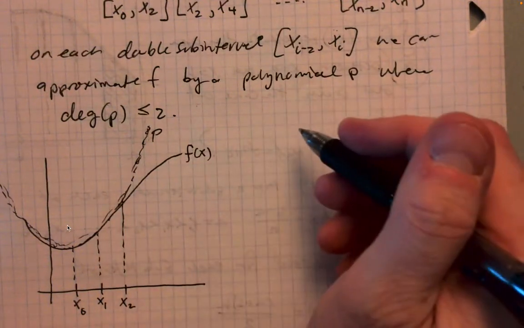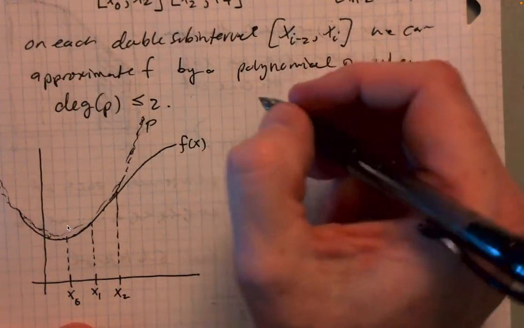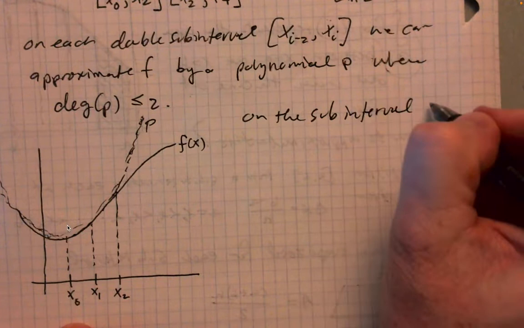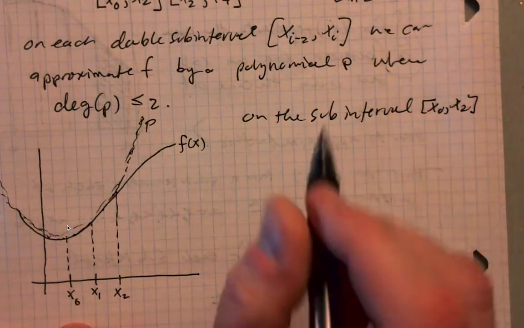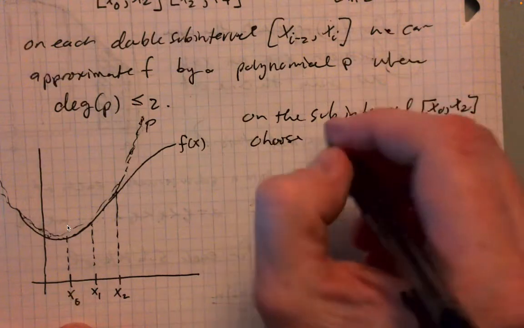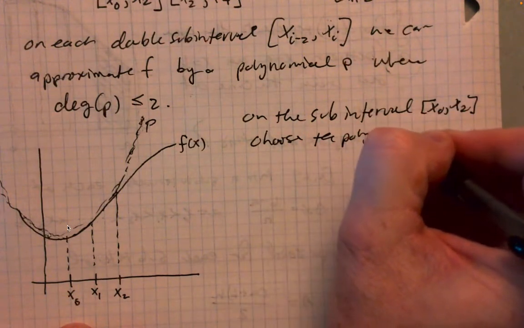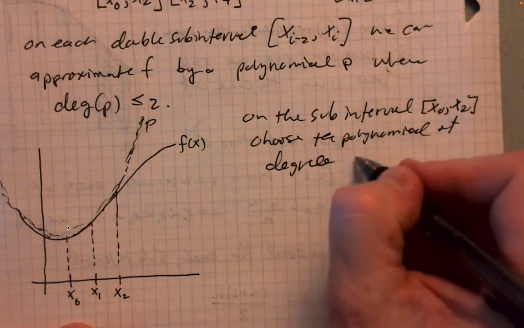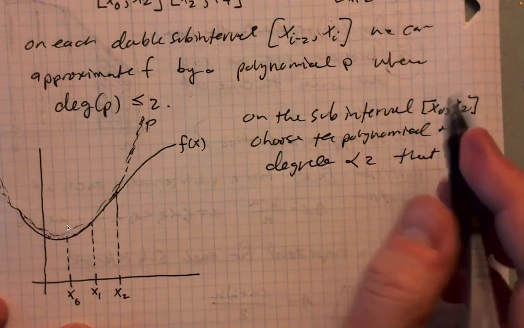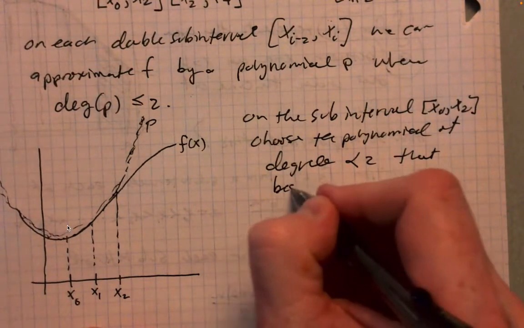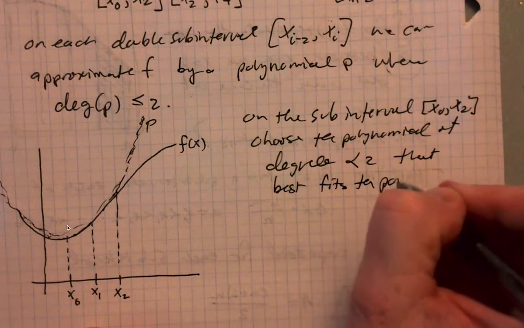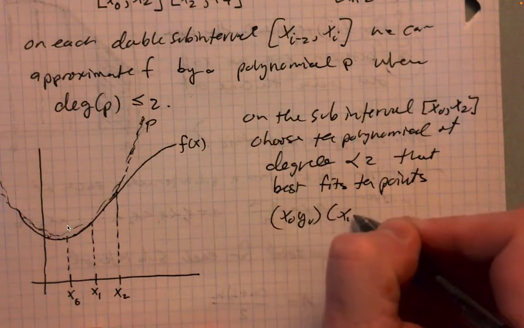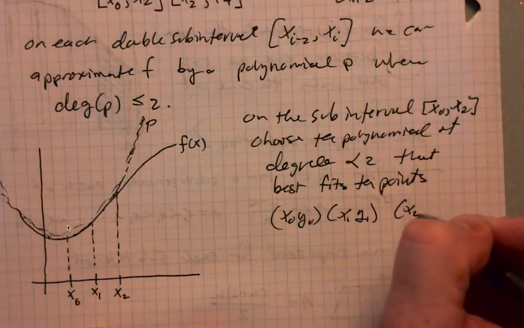So just to put this into some more explicit terms here. On the subinterval x0 to x2, choose the polynomial of degree less than 2 that best fits the points x0, y0, x1, y1, x2, y2, right?